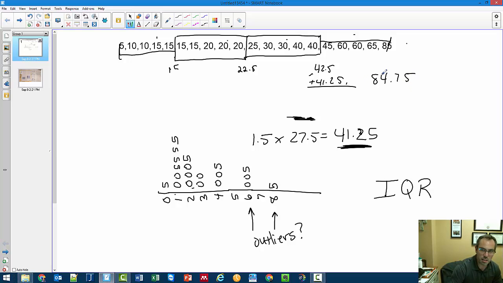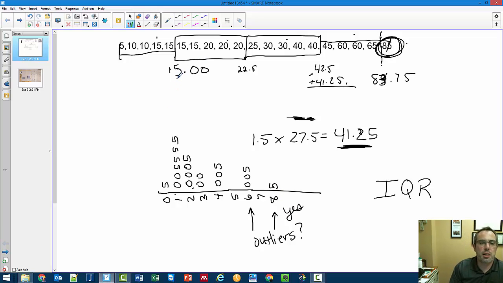Or excuse me, 83.75. I can add. 83.75, that's right here somewhere. That tells me that this 85 is too big. So this is an outlier.